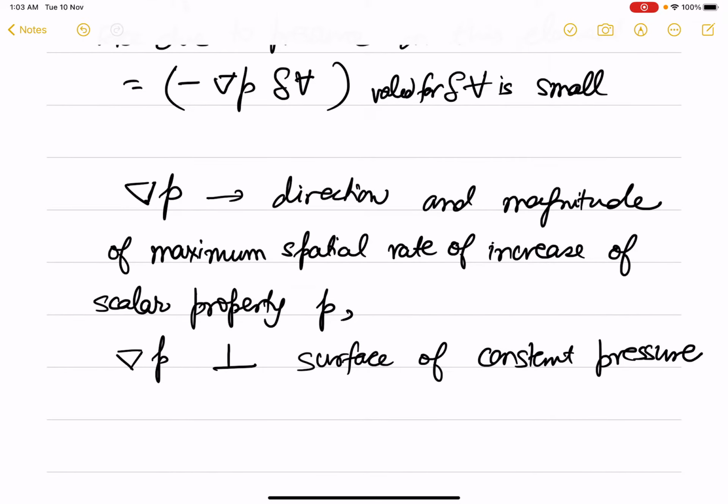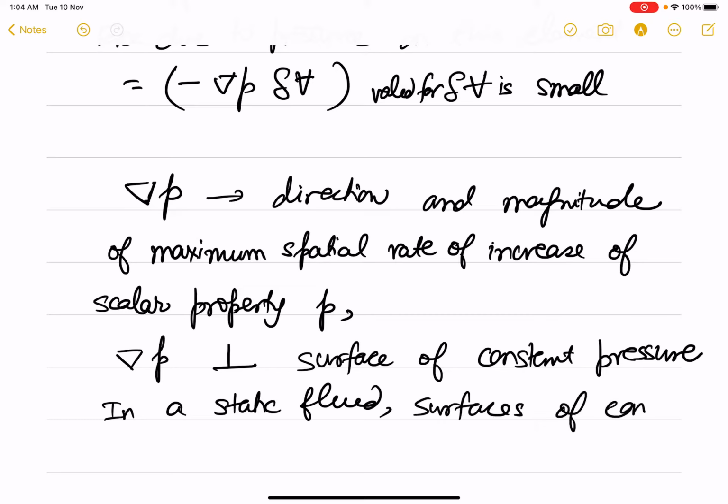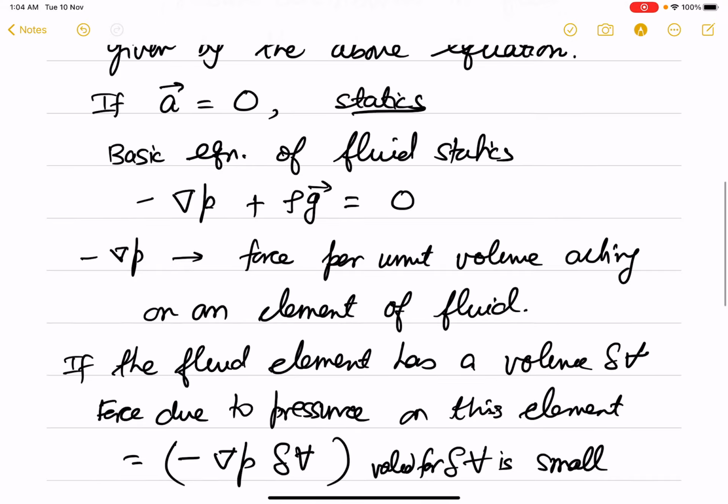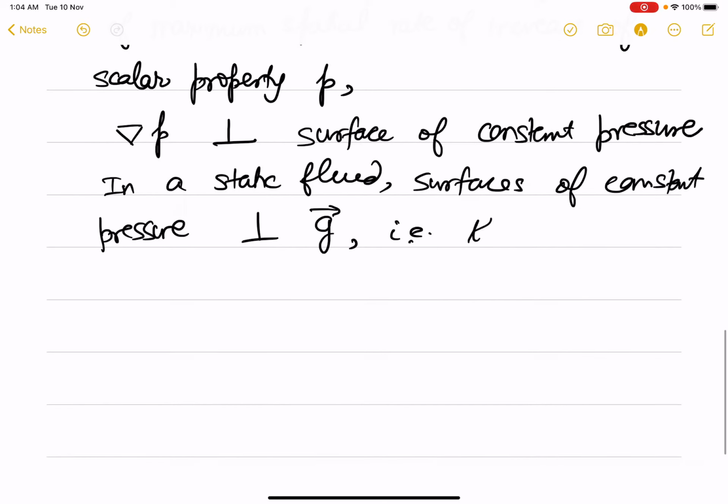So grad P is perpendicular to surfaces of constant pressure. So in a static fluid, surfaces of constant pressure are perpendicular to G. That means they are horizontal, because G is vertical, so surfaces of constant pressure will be horizontal.